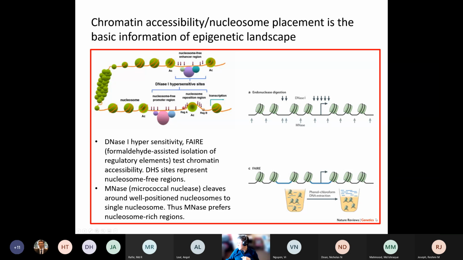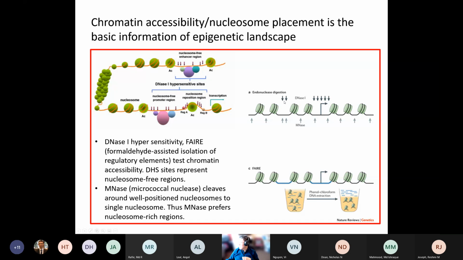So I'm going to give you two techniques, actually three techniques. One is called DNase-1 hypersensitivity. So you have DNase-1, which is an enzyme, right? DNase-1 will be able to digest. Shown here, DNase-1 will prefer this relatively naked region. So you have a kind of opening.